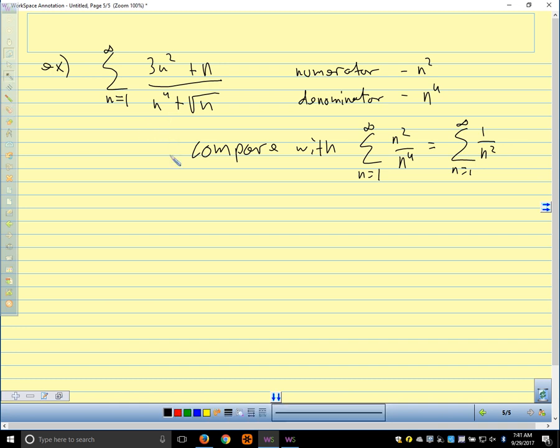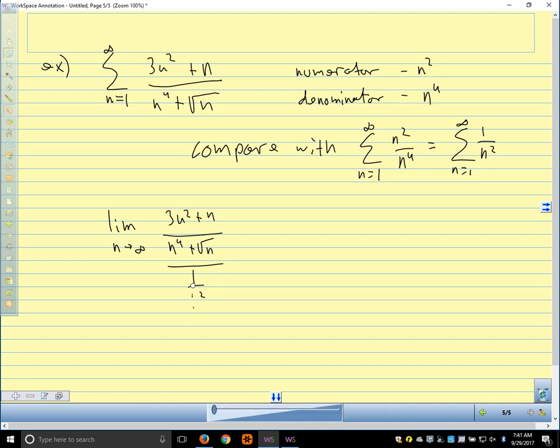And we're going to use a limit comparison test to see, is it similar enough in magnitude to converge. So I'm going to look at the limit as n approaches infinity of (3n squared plus n) over (n to the fourth plus the square root of n), over 1 over n squared.